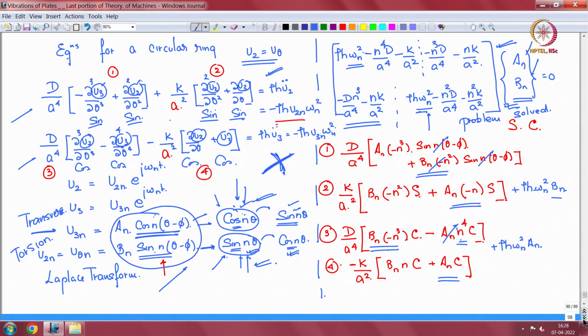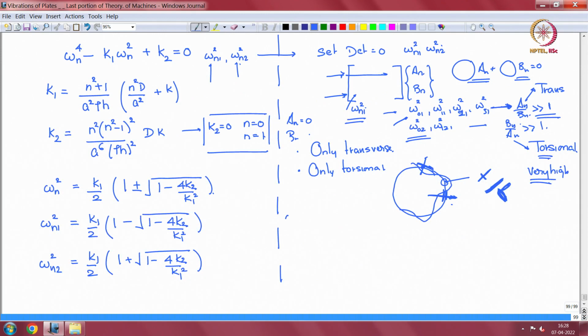Okay. So, at a certain omega n frequency, you have u3n is a n cos n theta minus phi, and then the other one, u2n, is b n sine n theta minus phi. Okay. So, what did you do?